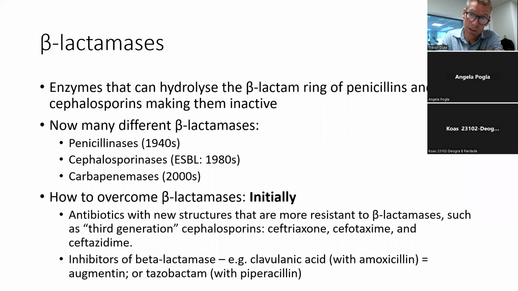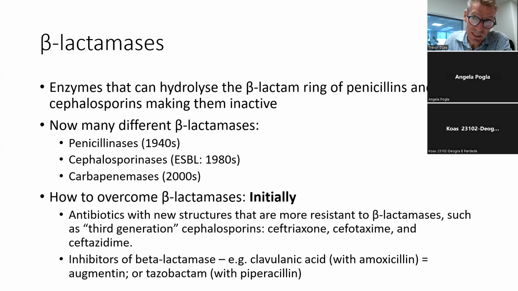And a young boy was given penicillin, and his Staph aureus infection resolved and he was cured. But it wasn't long before Staph aureus was resistant to penicillin because of an enzyme called penicillinase. So that happened in the 1940s, really within 10 years of the first prescribing of penicillin.